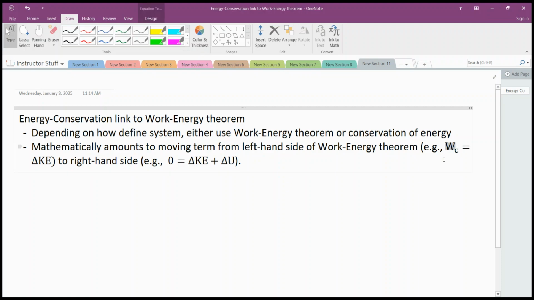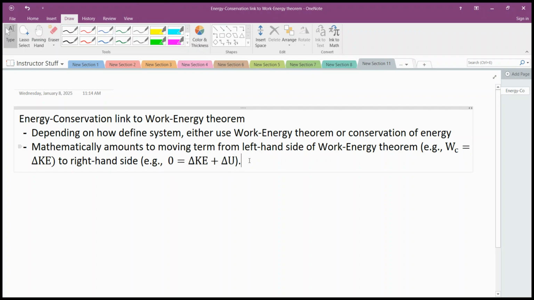So we have the work done by conservative forces is going to be equal to the change in kinetic energy of our system. Well, as you know, the work done by conservative forces is also equal to minus the change in potential energy. And so we'll have minus the change in potential energy is equal to the change in kinetic energy. We can then add the change in potential energy to the right-hand side, and we end up with the final equation, 0 equals change in kinetic energy plus change in potential energy.